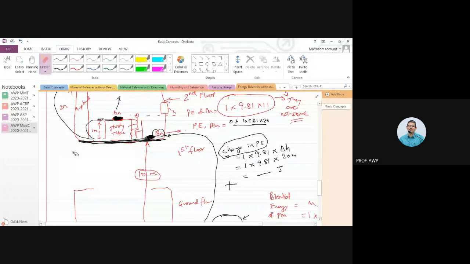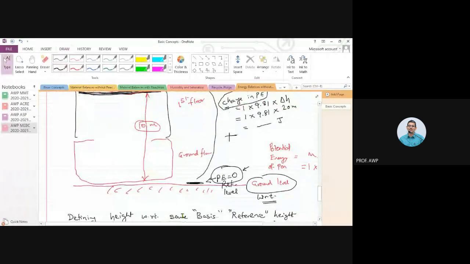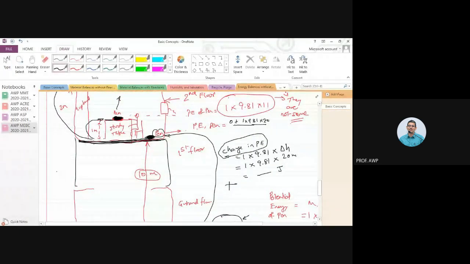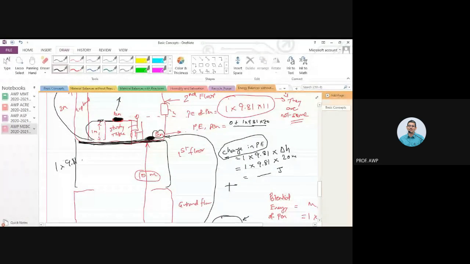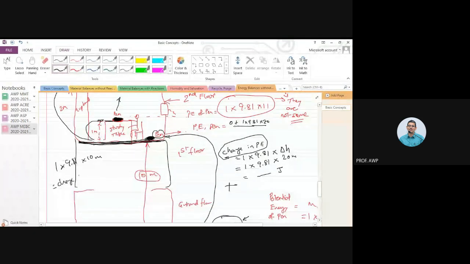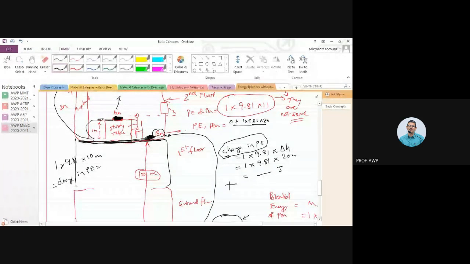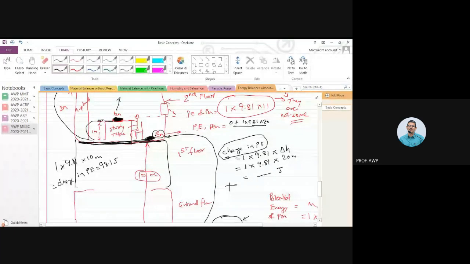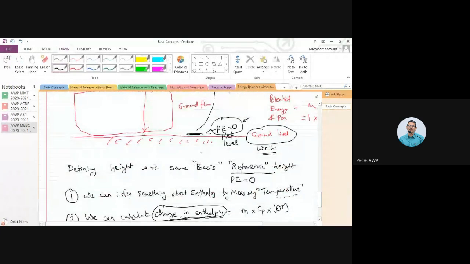So if I say that my reference is the ground floor, the change in potential energy is 1 into 9.81 into 10 meters. That is the change in potential energy. That is 98.1 joules by taking the pen from here to here.